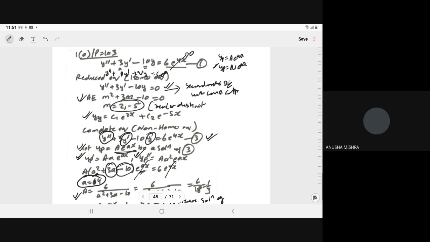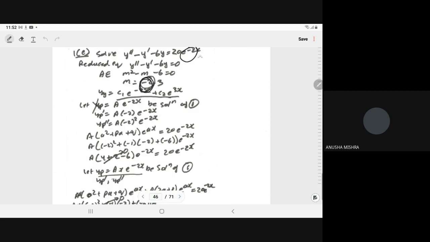No, no. In the second method, when a square plus pa plus q, we put it as 0. If we don't put it as 0, then we'll get the same answer. That cannot happen. We are not putting it; automatically due to this value it is coming 0. For example, here we have the e to the power -2x.